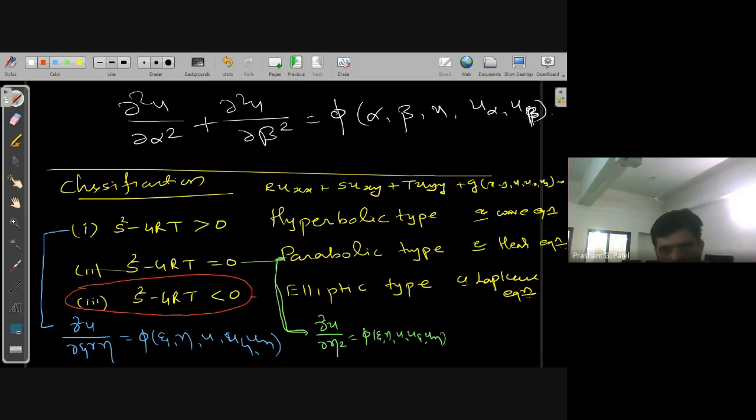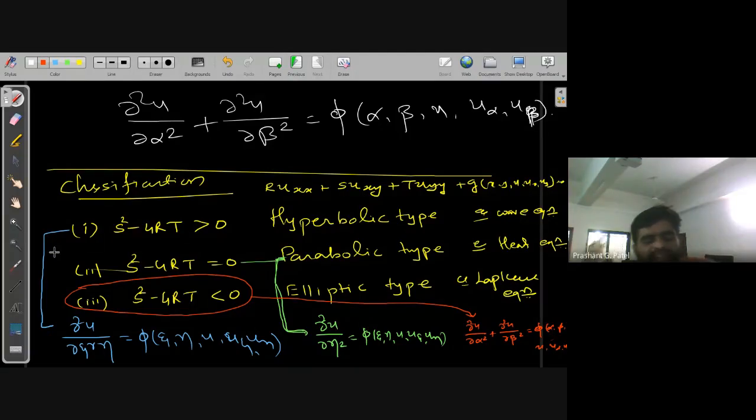Then you will have the canonical form del square u by del alpha square plus del square u by del beta square is some function phi of alpha, beta, u alpha, u beta. So this is the classification of second order partial differential equations.